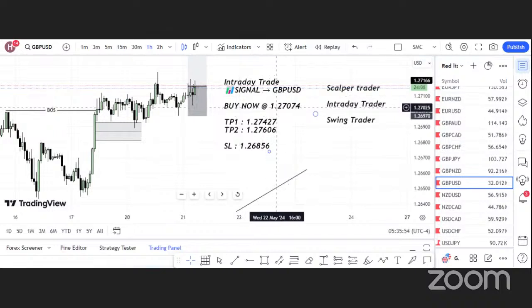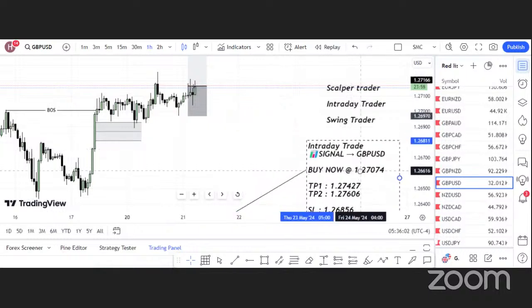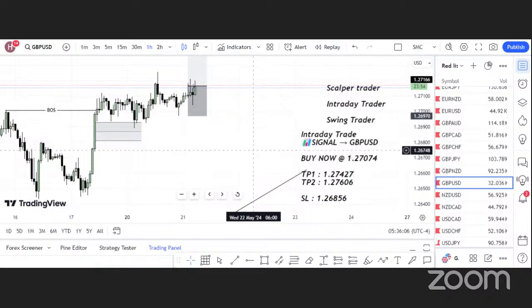So I bought GBP USD from this price. So this is another thing that you need to pay attention to, guys. Let's say you saw the trade 1 hour after the signal was dropped. You want to take the trade, but you are not sure if you are supposed to enter, and you've contacted the admin, but maybe they didn't respond to you on time.